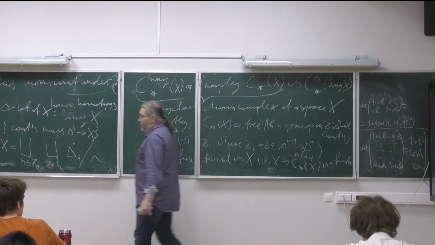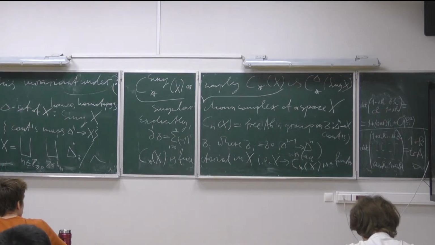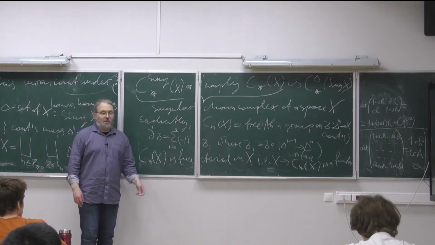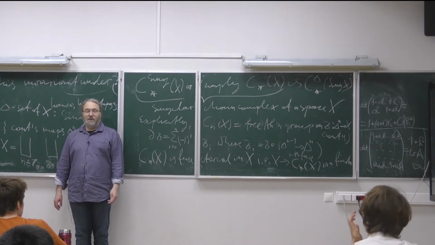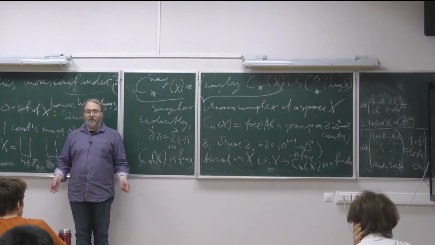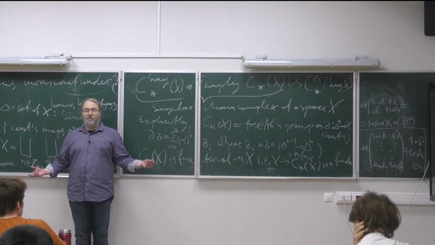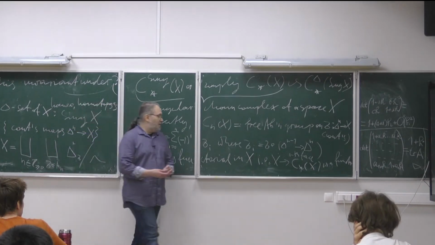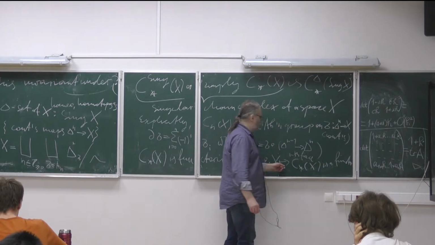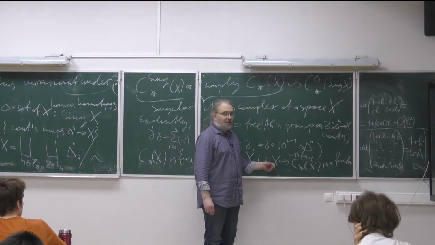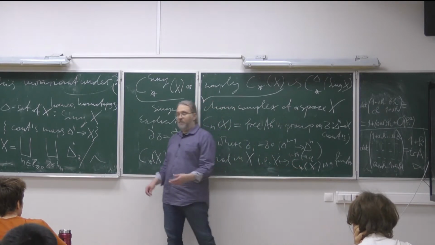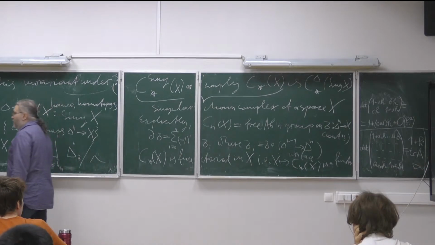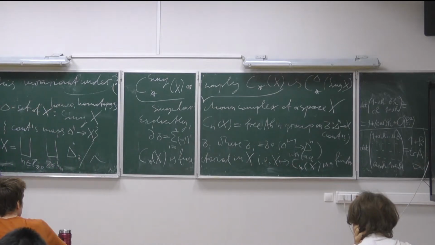And the first remark is that C_* of X, which is the collection of all C_n of X, is functorial in X, meaning by associating C_* of X to X, we get a functor from topological spaces to complexes of free abelian groups.